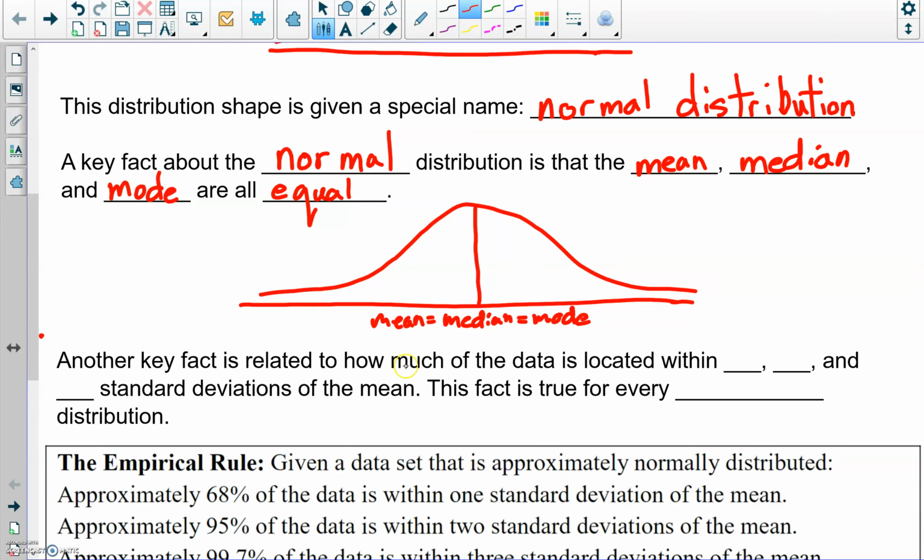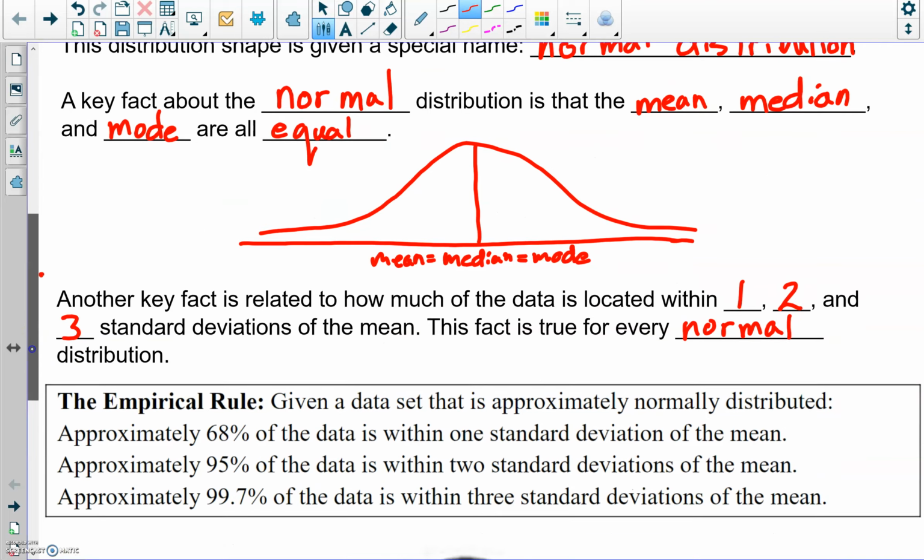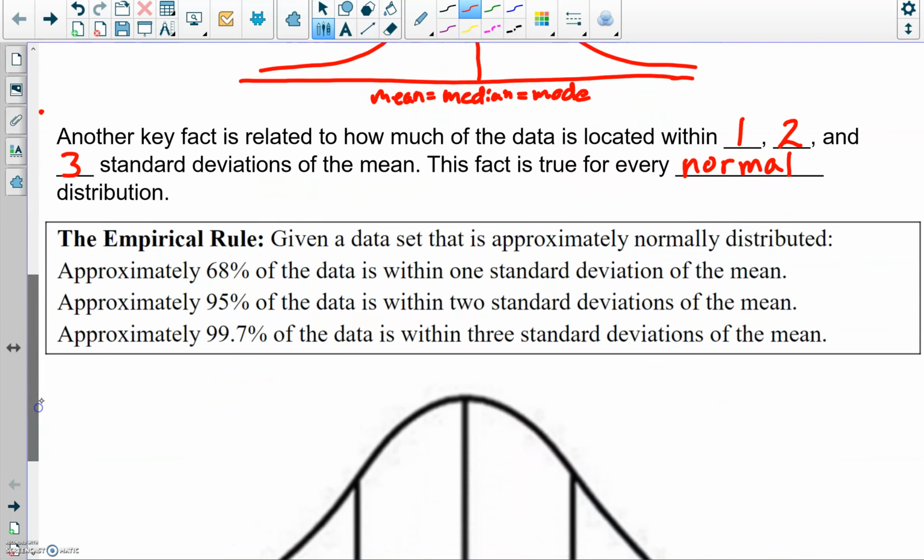And another key fact is how much of the data is located within 1, 2, and 3 standard deviations of the mean. This fact is true for every normal distribution, and this is what leads to the empirical rule. Basically, if you're given a data set that is approximately normally distributed, approximately 68% of the data is within 1 standard deviation of the mean.